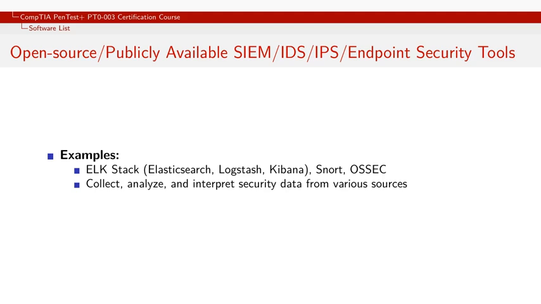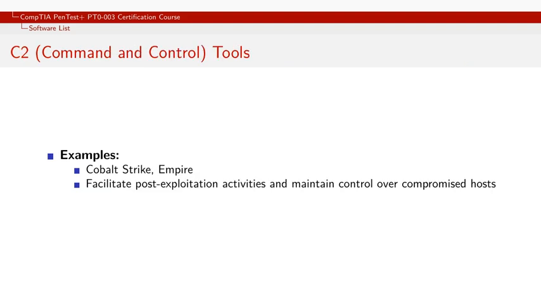In this section, we'll be discussing command and control, or C2, tools, which are essential in post-exploitation activities and for maintaining control over compromised hosts. Examples of such tools include Cobalt Strike and Empire.